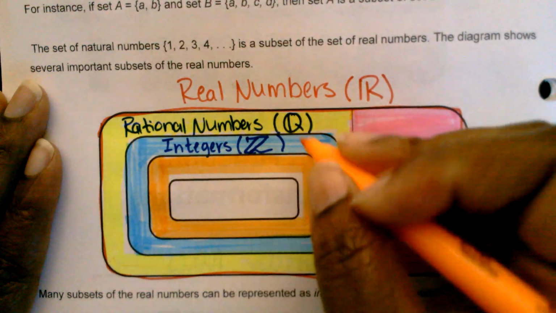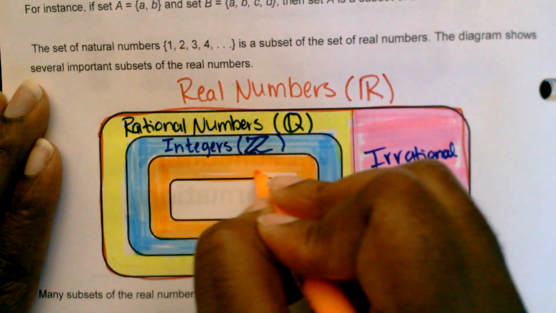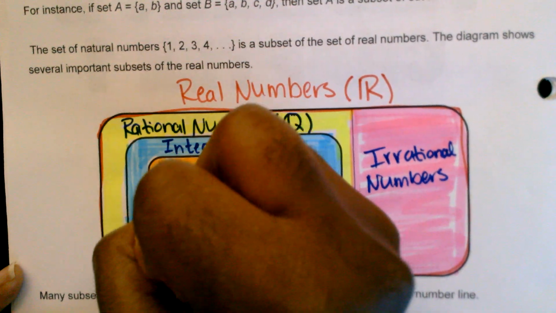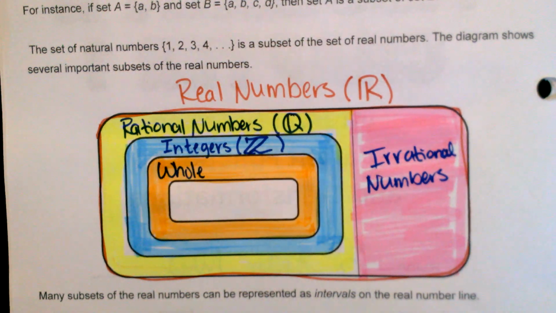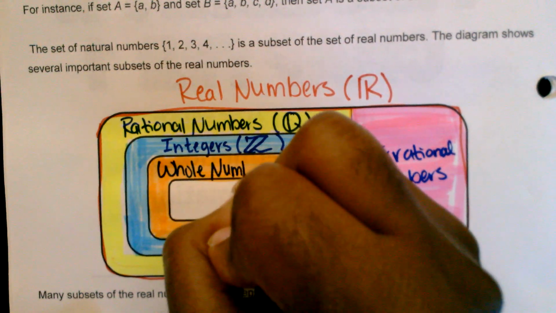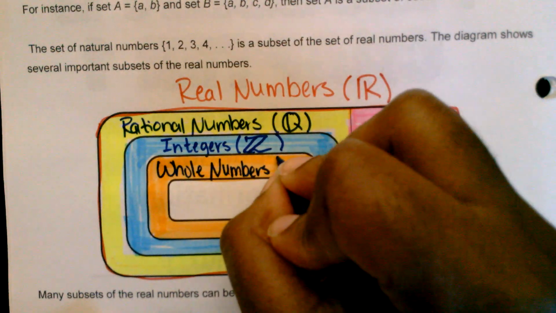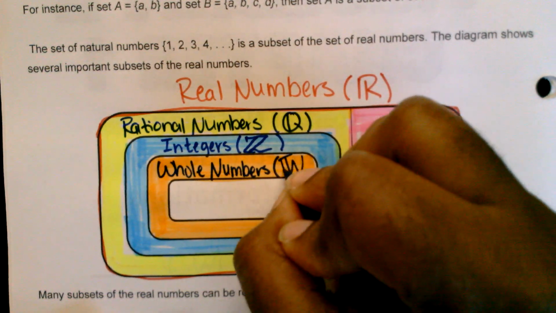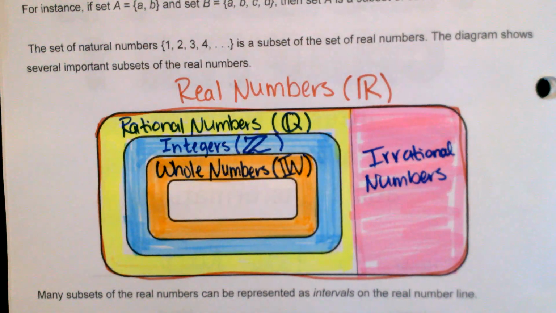So 0, 1, 2, 3, 4, and so on and so forth. So whole numbers. The symbol that you will see for whole numbers is a double W. So W with a double line.